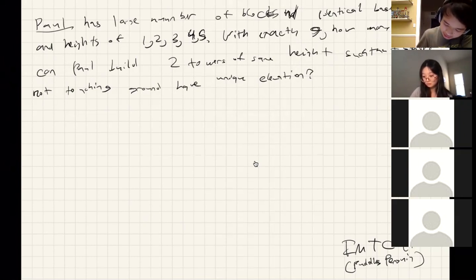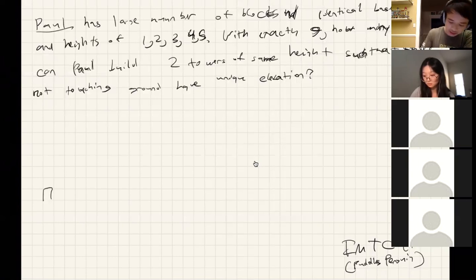With exactly 9 blocks, how many ways can Paul build 2 towers with the same height such that the bases not touching the ground have a unique elevation? One way to explain it would be to give you examples.